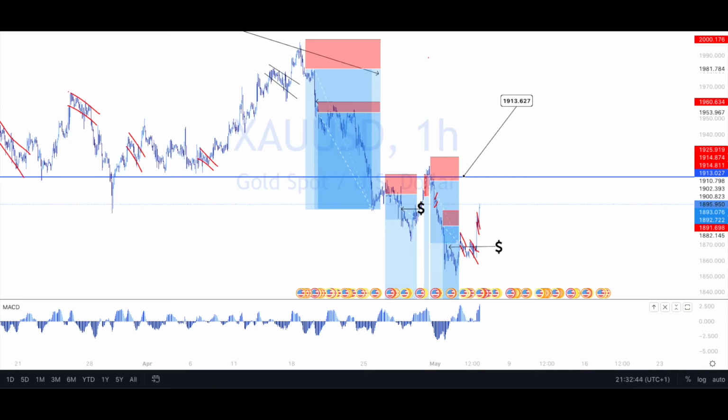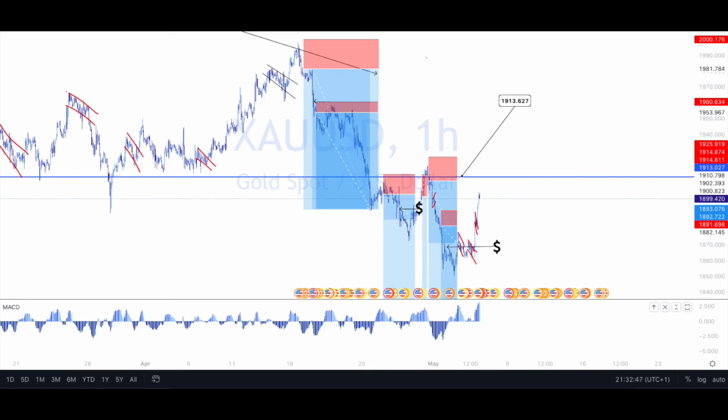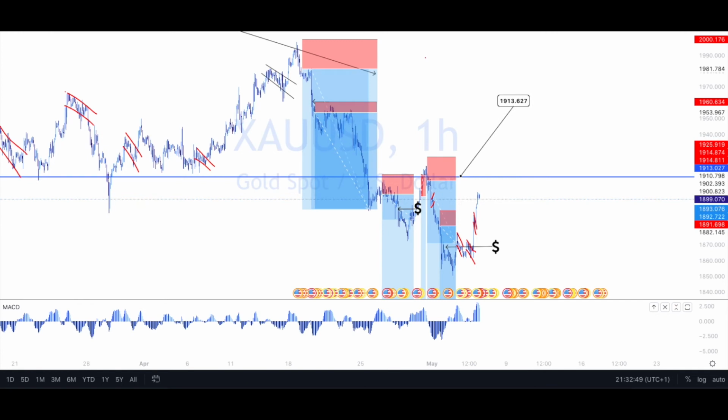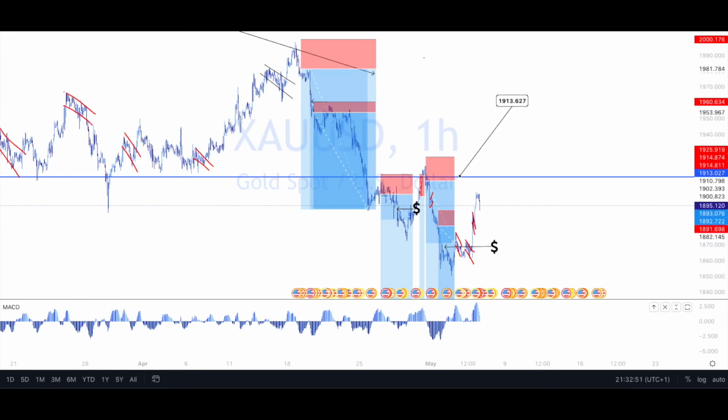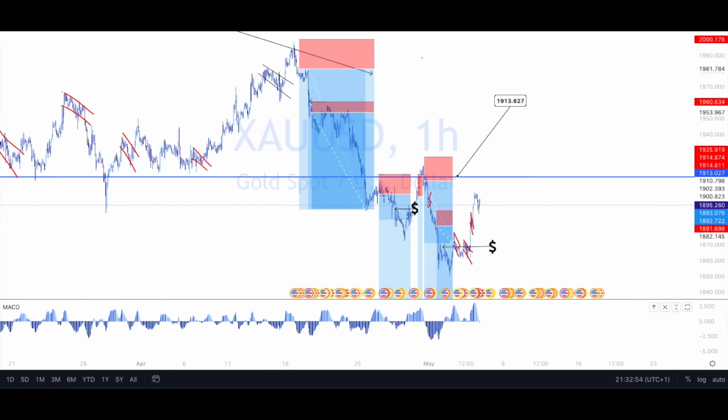Okay, so let's go. It's pushing up, it's pushing up, and it's way back down again, which is great.